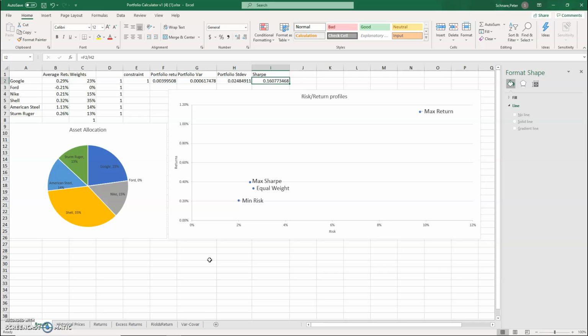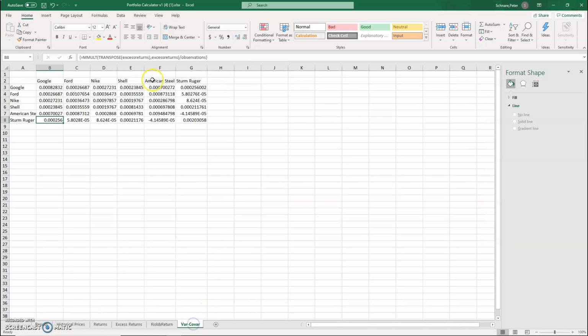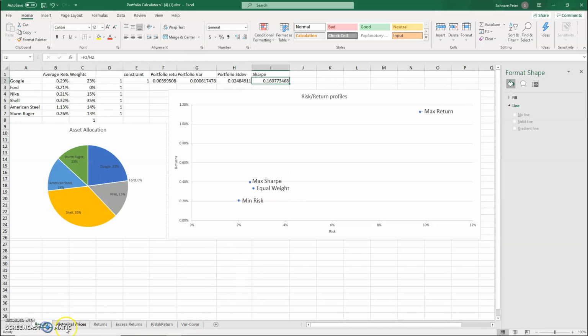This can be expanded in some interesting ways. I was not responsible for the variance-covariance, nor was I responsible for the analysis tool, the solver that actually gave me my answers. Those are essentially two black boxes to me that I'm able to chain together and say, okay, do that thing.